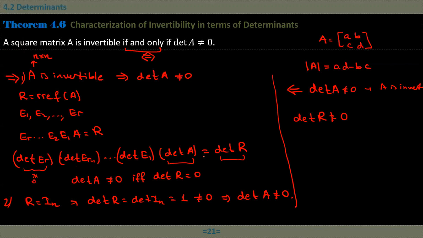That means R cannot contain a 0 row or 0 column, so R must be I_n. Since the reduced row echelon form of A is I, A is invertible.